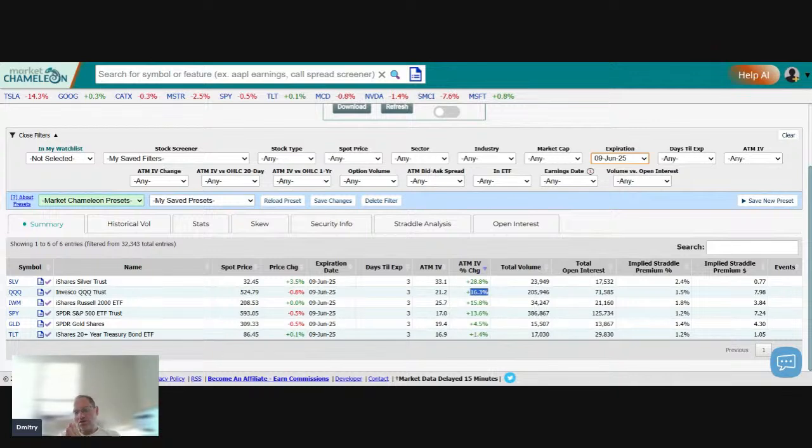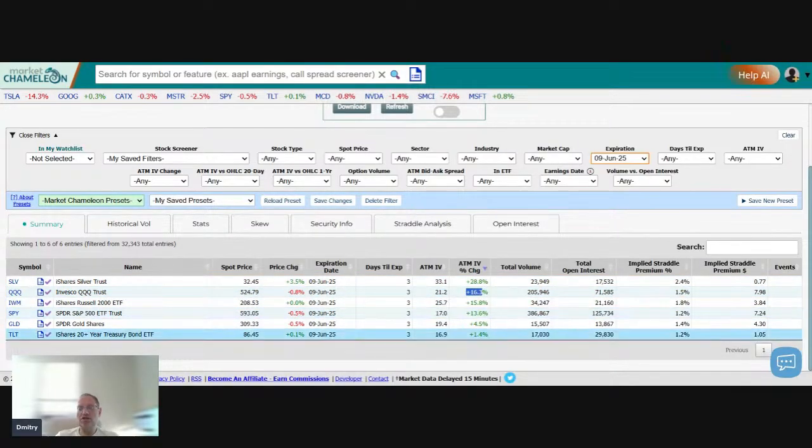And what this does is also allow us to compare potentially similar stocks. So we could see in June 9th what's going on. We could compare implied volatilities and what the implied volatility did on a day.